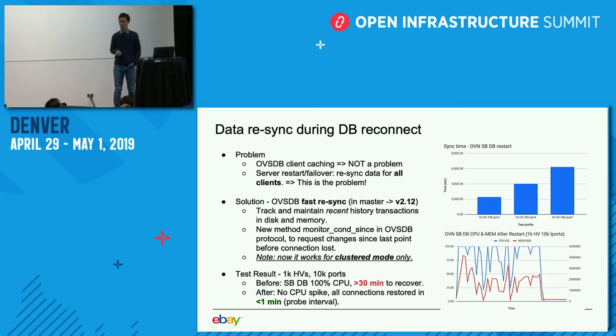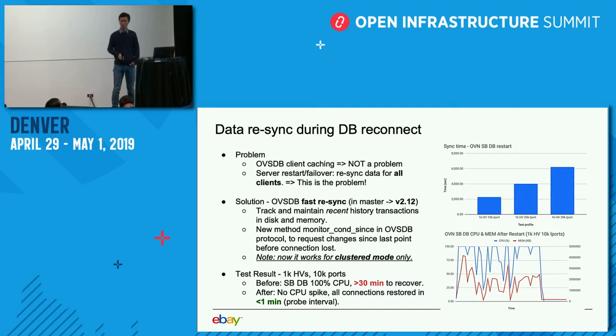And the upper picture is showing how long it takes for the server to come down in this case. If it's 1K hypervisor and 10K ports, it takes more than 30 minutes. And more ports takes even longer. It's like 30K ports takes almost 2 hours.